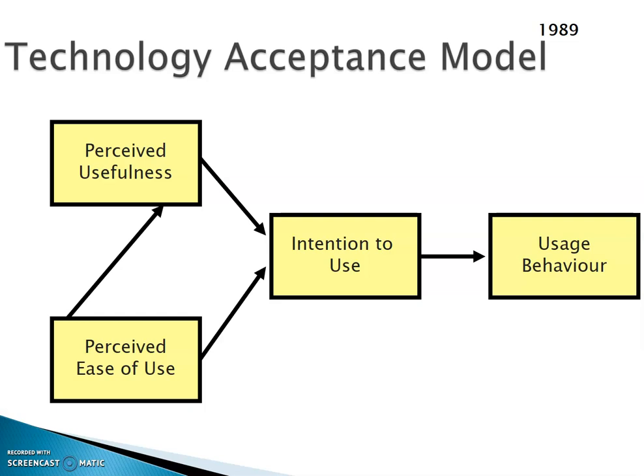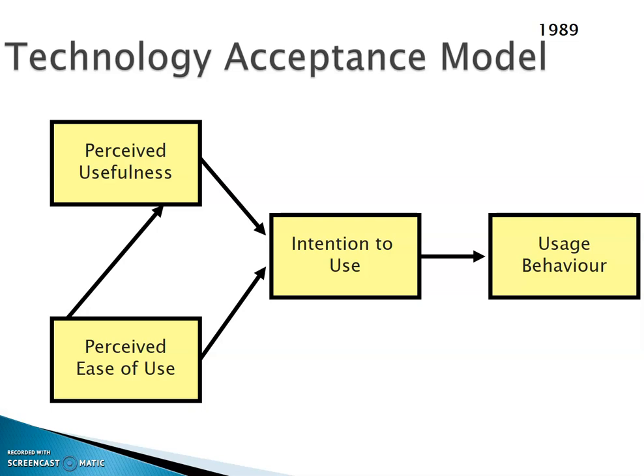And we'll note that the ease of use, how easy they think it is to learn this new technology, impacts both the intention to use but also how important they think it is. So if they think it's hard to learn, it will diminish how important they believe the technology is. Whereas if they think it's easy to learn, they will see it as very important for their career. So that's an interesting perspective that Davis uncovered.